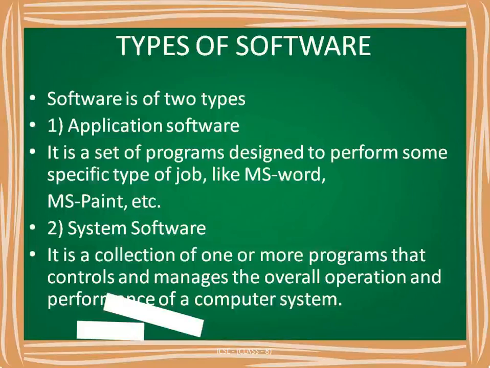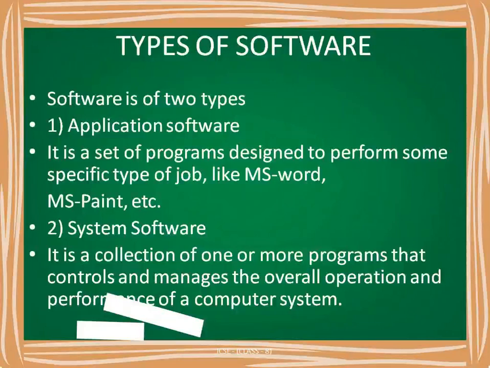Then the second type is system software. It is a collection of one or more programs that controls and manages the overall operation and performance of a computer system. It also manages all the operations, whatever input devices and output devices have been connected.